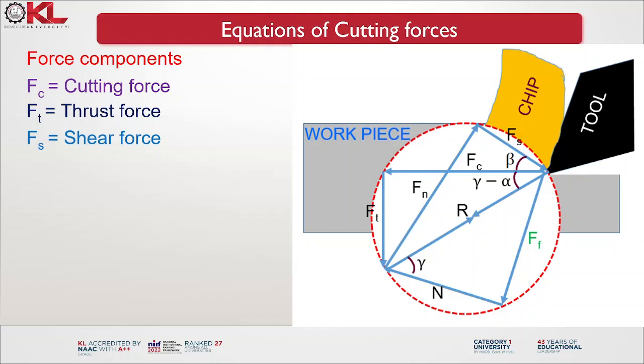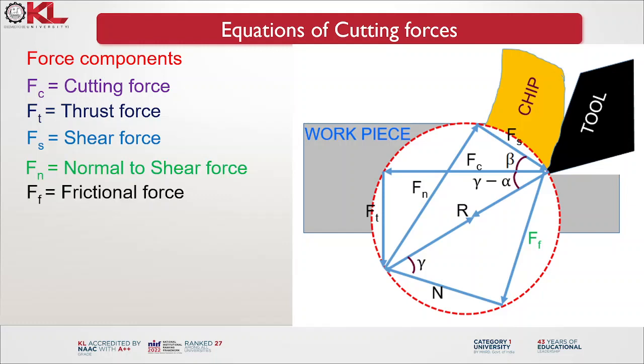Fn is normal to the shear force. Ff is the frictional force, acting between the chip and the tool surface. And the normal force is perpendicular to the frictional force.